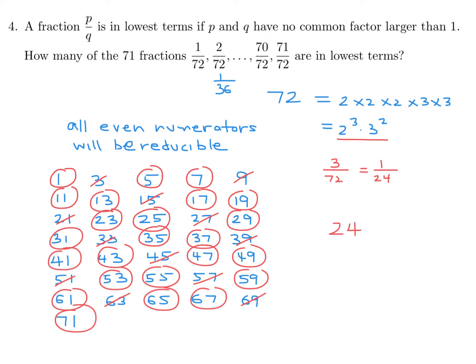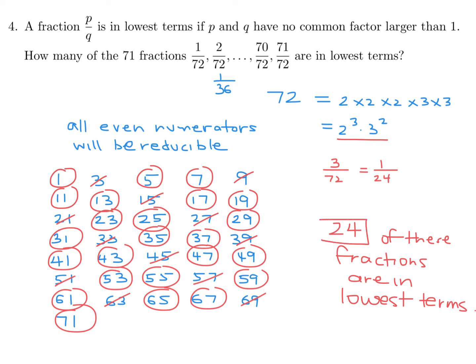So 24 of these fractions are in lowest terms. Yeah, I think that's it. For some reason I'm second guessing myself, but I'm pretty confident that the correct answer is 24.